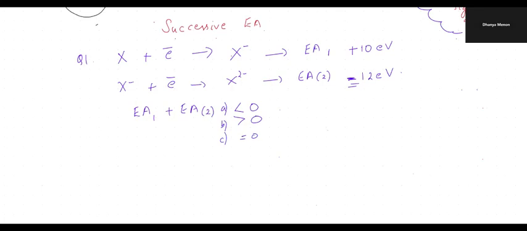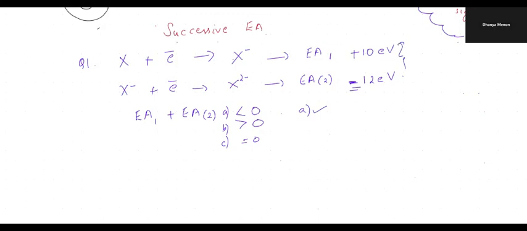A will be the answer, because even if these values are not given, electron affinity 2 will always be negative, and it is more negative because X minus is already an anion.